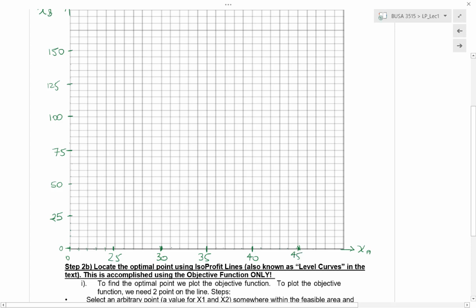Then 50, 75, 100, 125. Okay, so those are my scales.